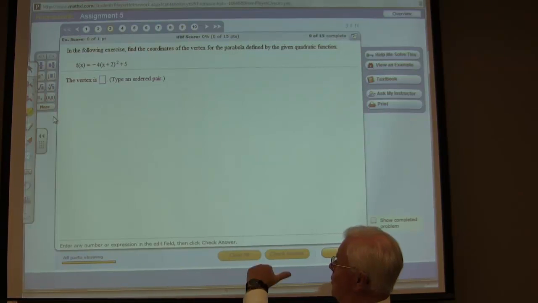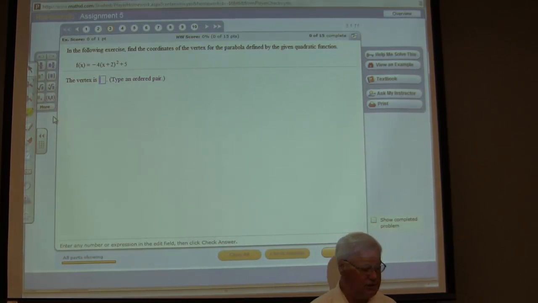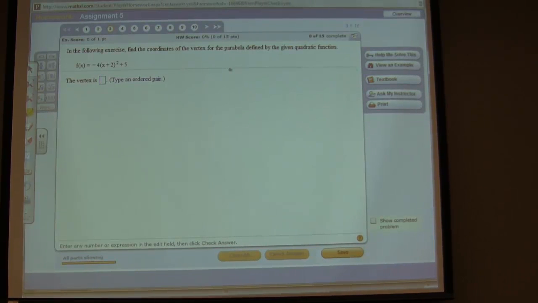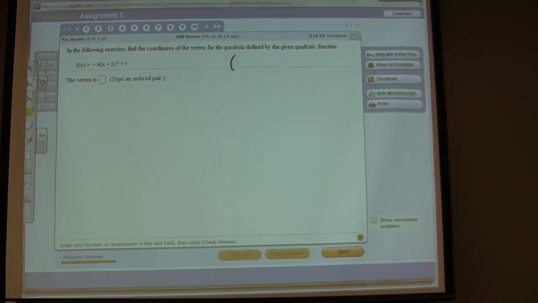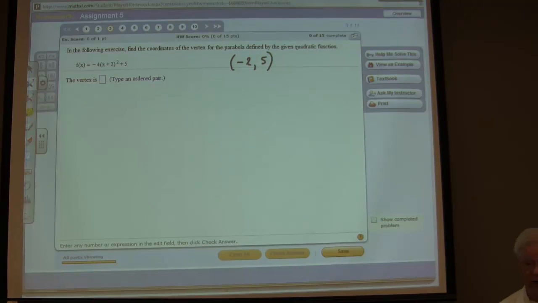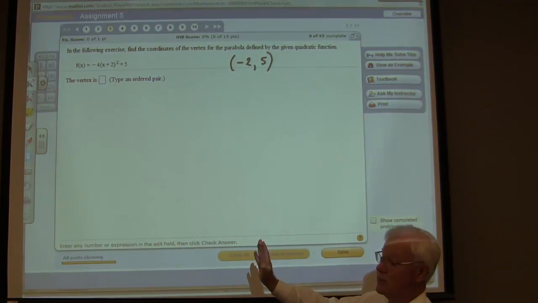And we've moved the whole function up 5, and the vertex used to be 0, 0. So if the function started at 0, 0, and we've gone 2 to the left, our x value is now minus 2, and our y value has gone up 5, so from 0 it's gone up to 5. So that would be the vertex now, negative 2, 5.